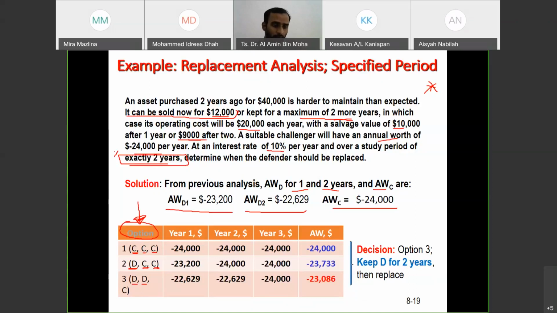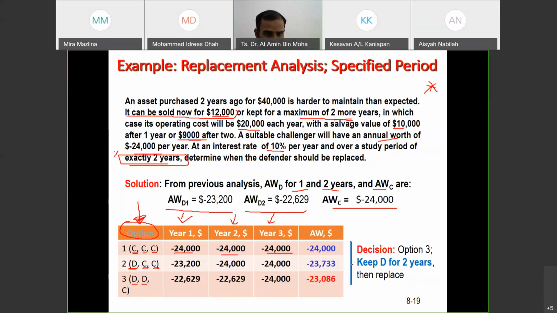And we are going to calculate the AW for each year. So if this is the information given, we need to calculate the AW for year 1, year 2, and year 3.